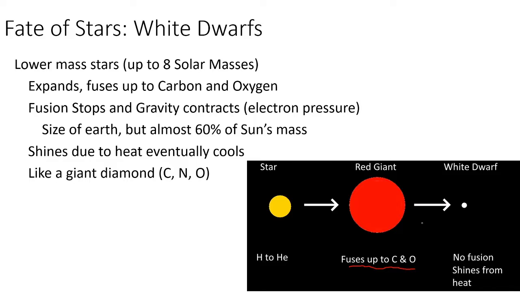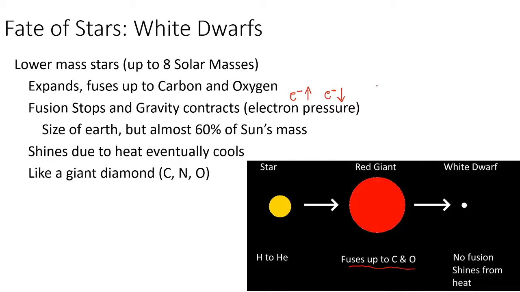They will shrink to a certain point, caused by the electron pressure. Now, you may know from a chemistry class that electrons, some of them are spin up, and some spin down. And it turns out that you can't put 2 spin up electrons or 2 spin down electrons in the same location.